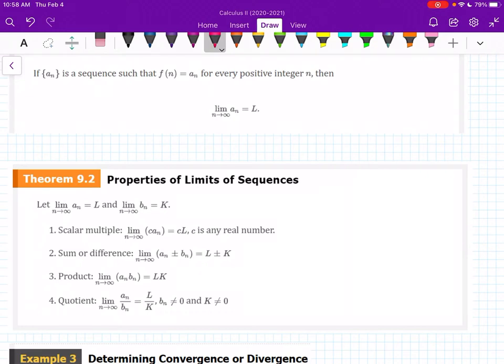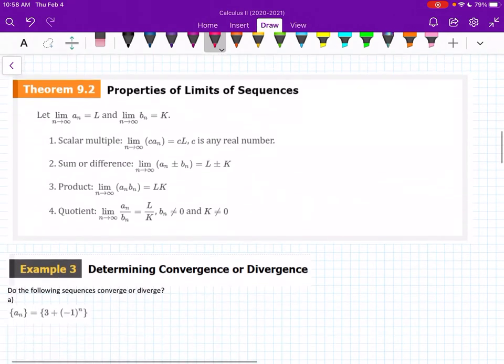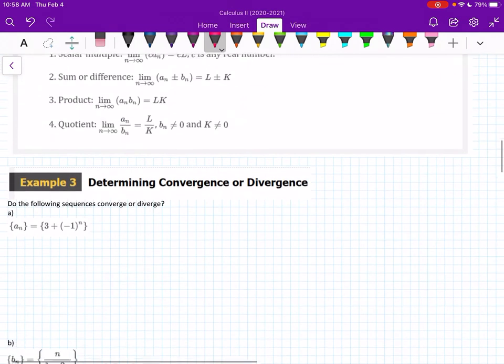And we can also have a scalar multiplier. So if I multiply every term of my sequence by a scalar, I can go ahead and multiply the limit of my sequence by that scalar as well to get the new limit. Okay, so everything works exactly how you think it does. No tricks. It's fantastic.